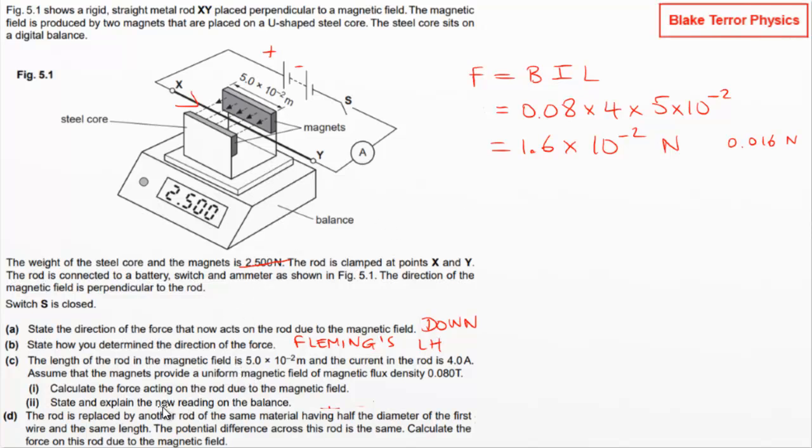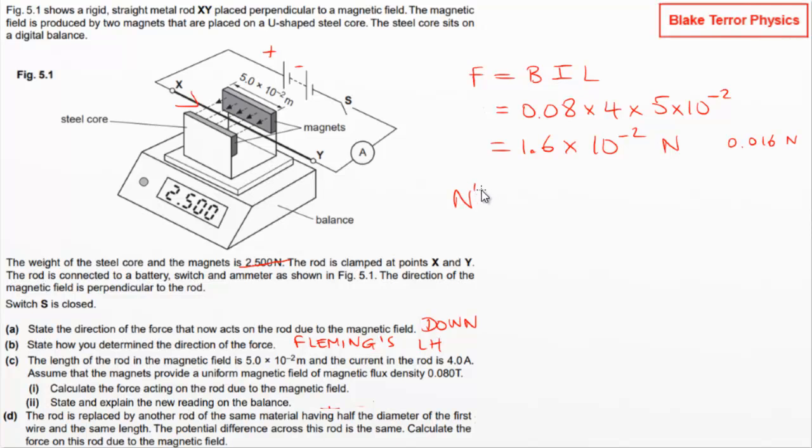State and explain the new reading on the balance. So the magnet on this U-shaped steel core is pushing the metal rod down, then Newton's third law tells us we must have an equal and opposite force pushing up on the magnets.